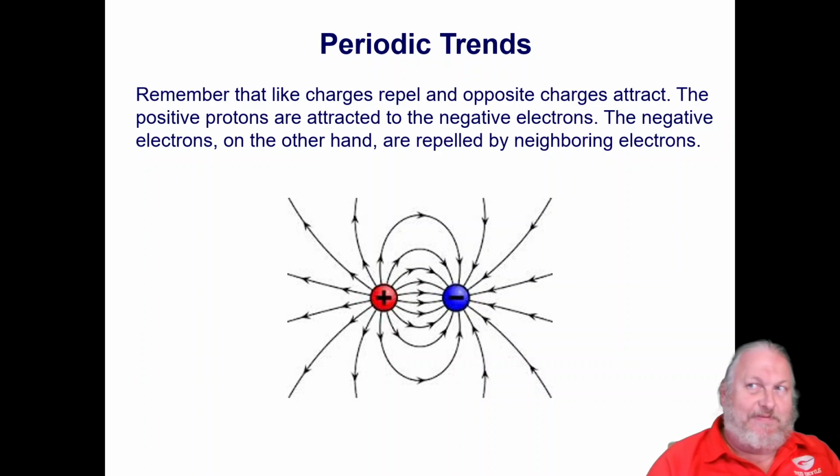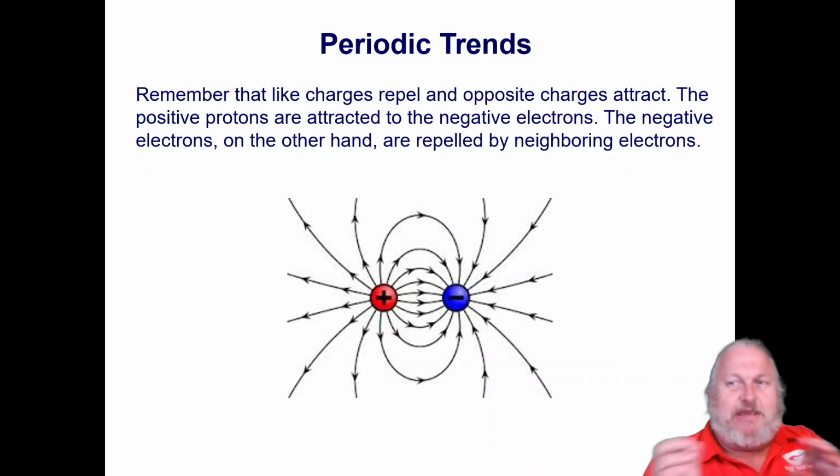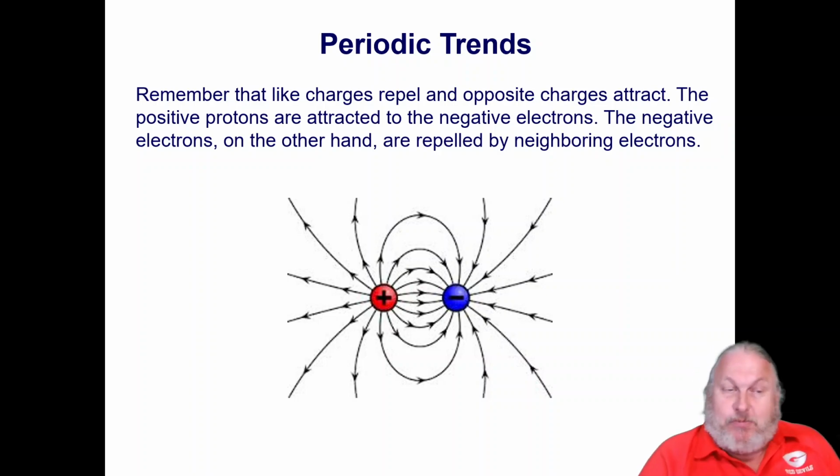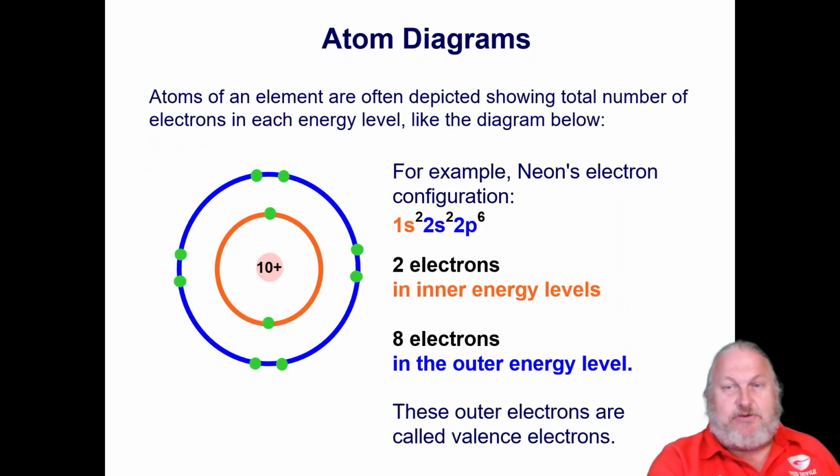The positive end of the magnet is going to attract the negative end of the magnet. All right. So the positive protons are attracted to the negative electrons. Now, the negative electrons are repelled by the neighboring electrons. They don't like each other, right? So again, these are just the basic facts we know.